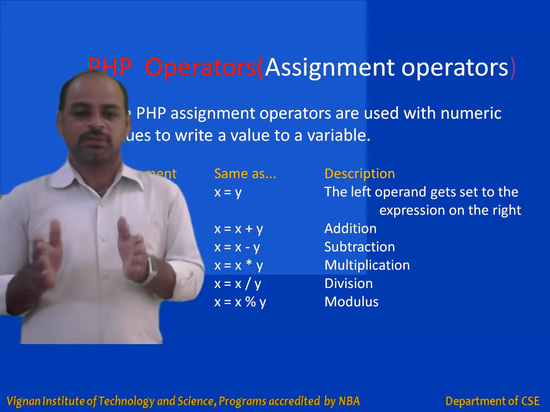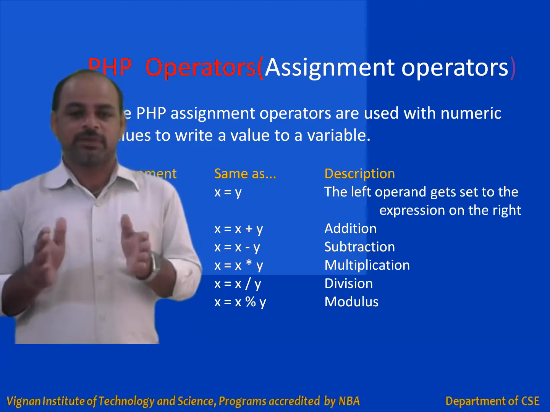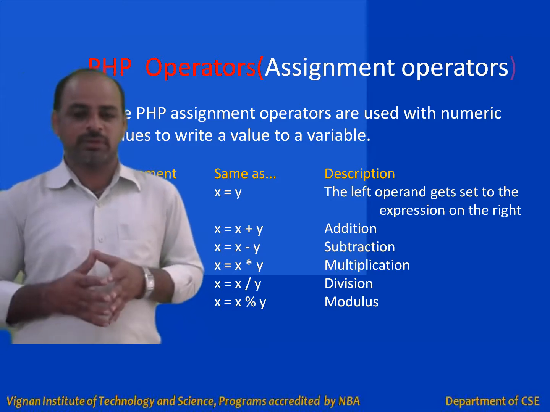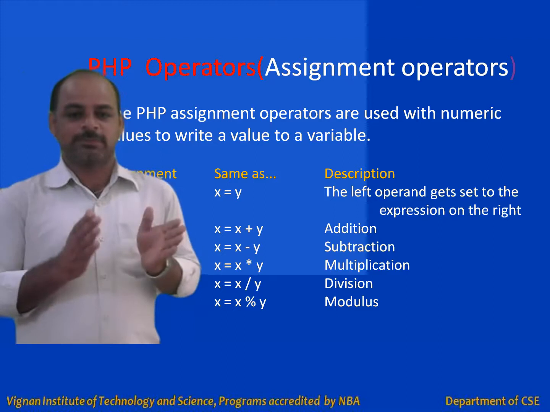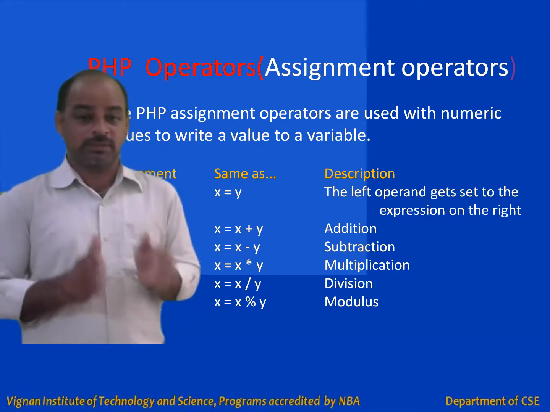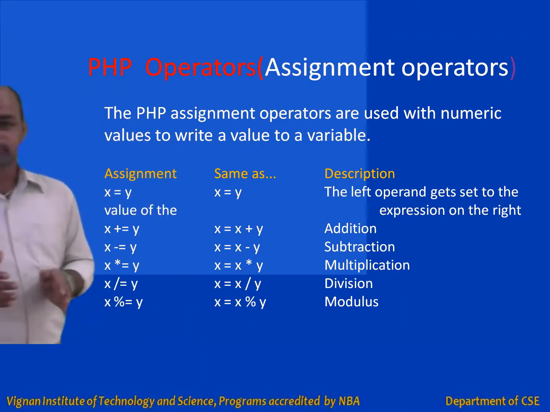The advantage of this is that instead of typing the same variable twice, we need to type it only once. So simply x plus is equal to y is nothing but x is equal to x plus y. Similarly, x minus is equal to y, as you can see here.